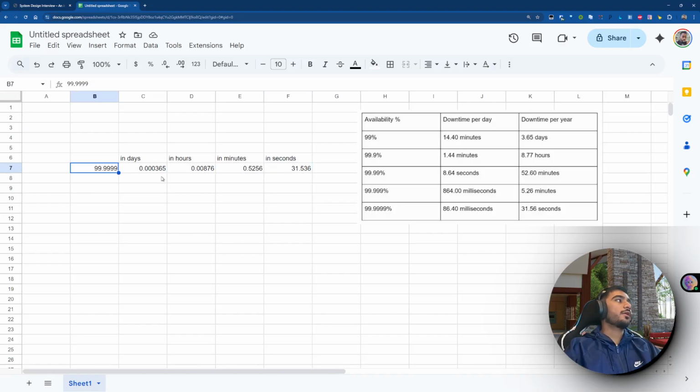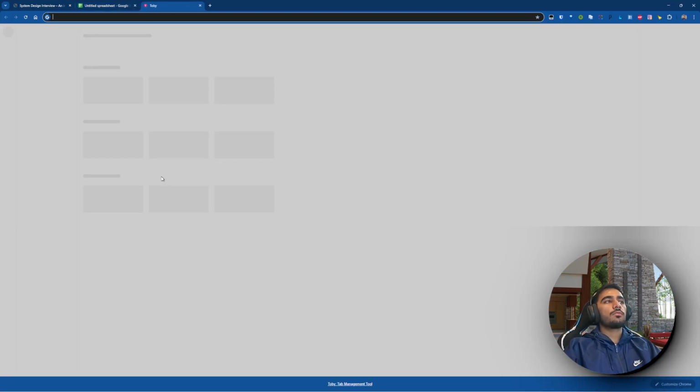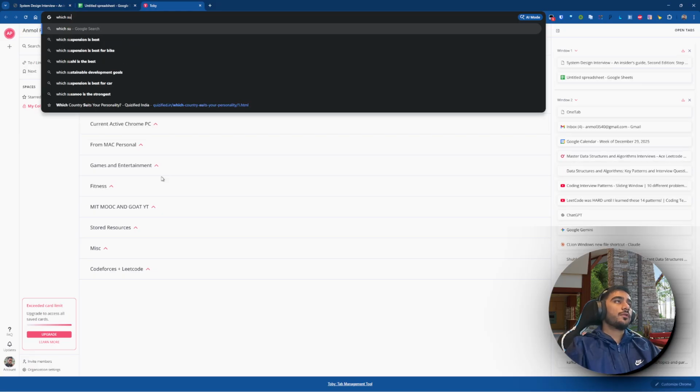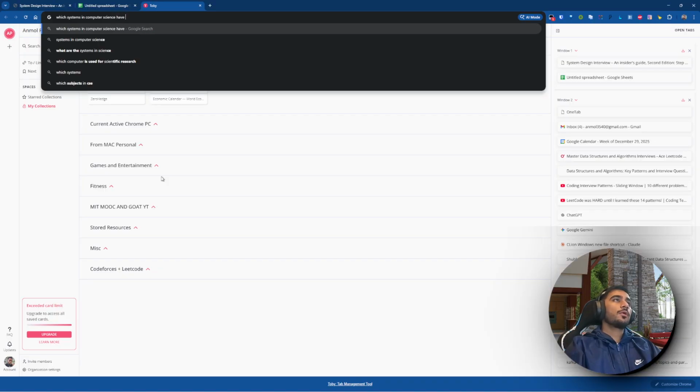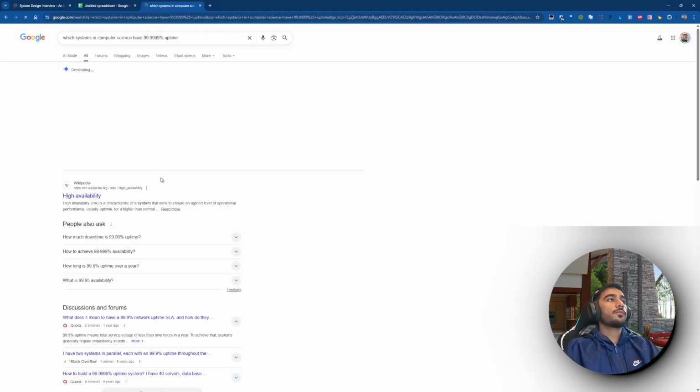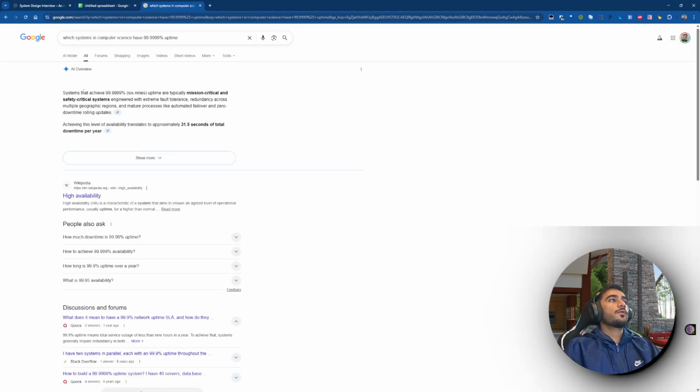Okay, let's just search which systems in computer science have 99.999% uptime. Systems that achieve this are typically mission critical and safety critical systems engineered with extreme fault tolerance.